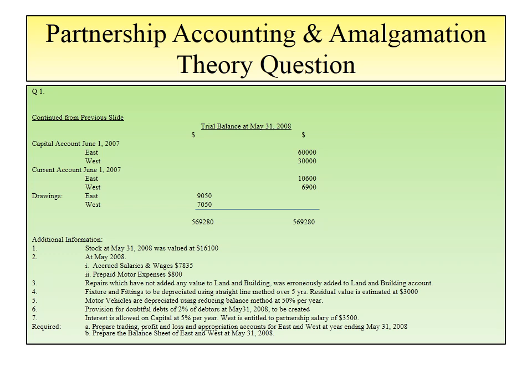Interest is allowed on capital at 5% per year, and the rest is entitled to a partnership salary of $3,500. What we are required to do is prepare the trading, profit and loss and appropriation account for each investor for the year ending May 31, 2008, and prepare the balance sheet for each investor at May 31, 2008.